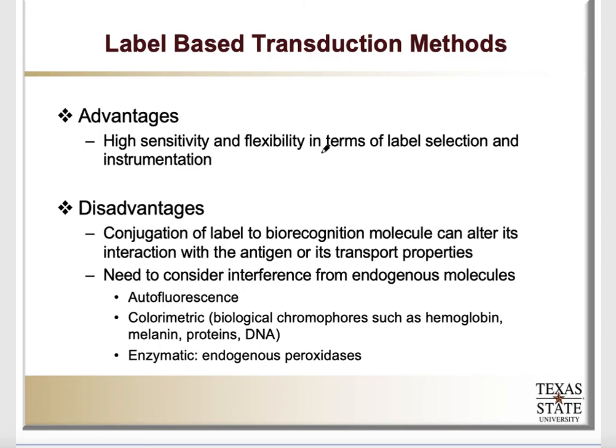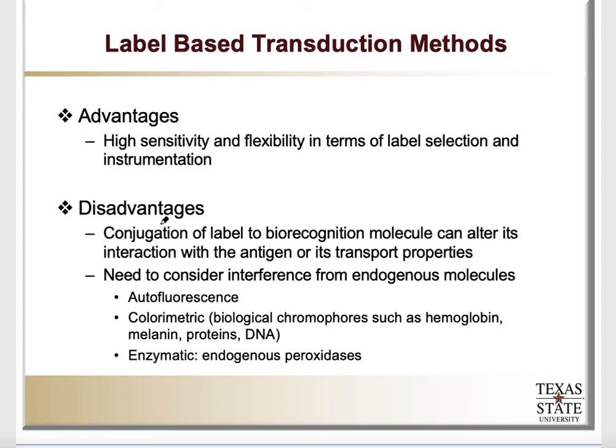So there's lots of choices. And in terms of instrumentation, most of these utilize absorption or fluorescence spectrophotometers, which are typically readily available in most universities and research and development places. So it's something that is accessible.